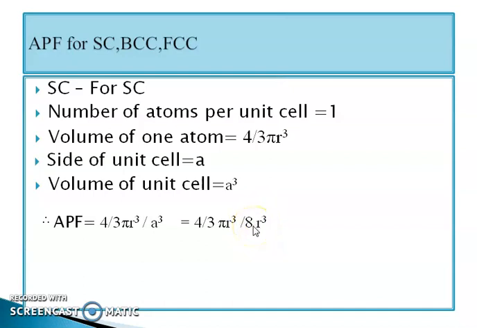Then this R cube gets cancelled and we are left with APF, that is atomic packing fraction, is equal to pi by 6. Substitute the value of pi as 3.142 or 22 by 7. We get atomic packing fraction for simple cubic structure or simple cubic crystal as 0.52.